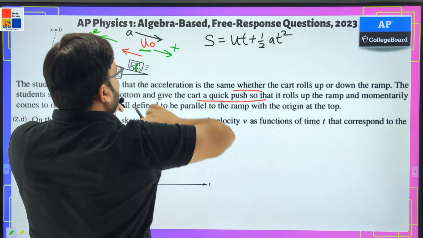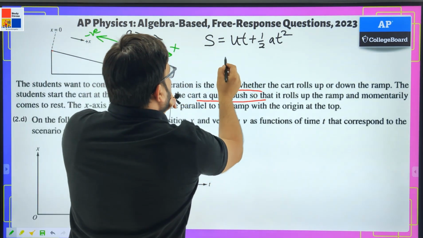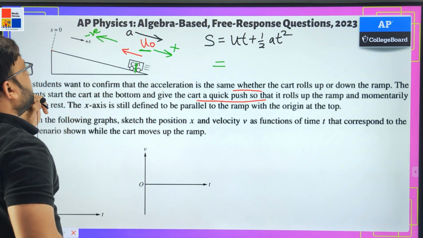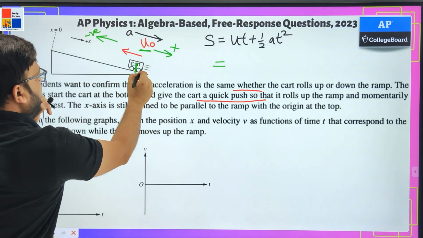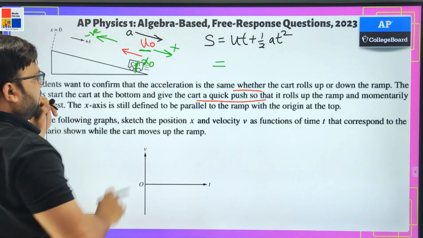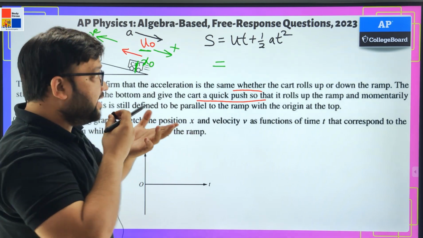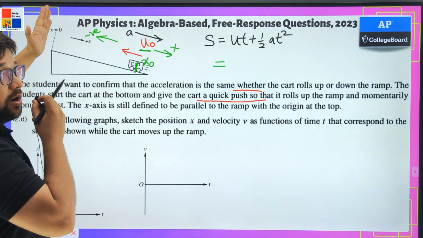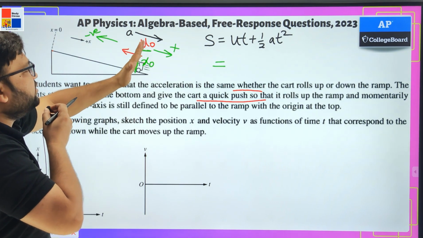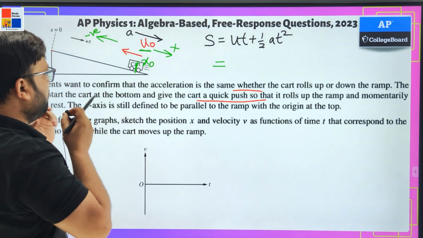I have taken the displacement starting from this point here. This position here is x naught. x naught is some positive x value, because this is what I have called 0 and this direction is positive. So the position right now is x naught.